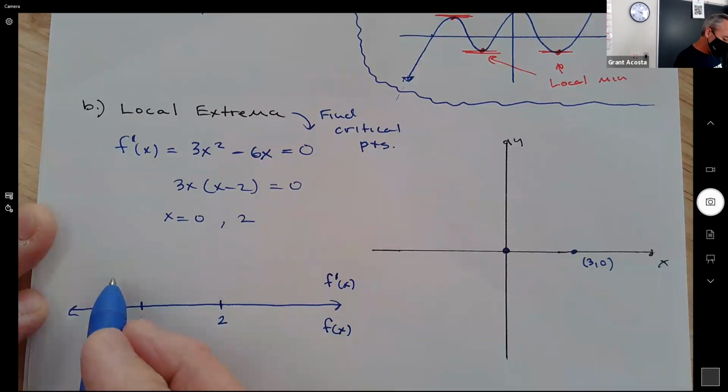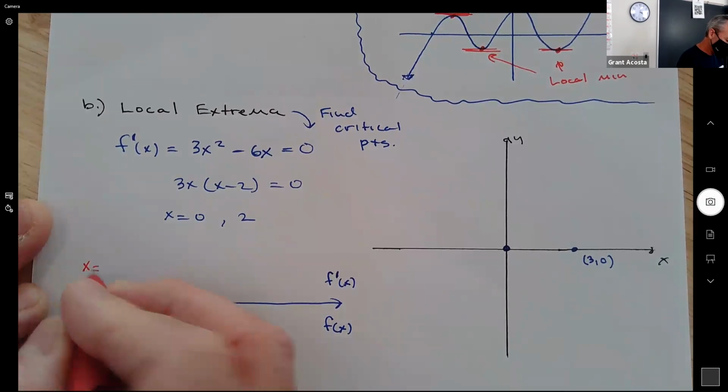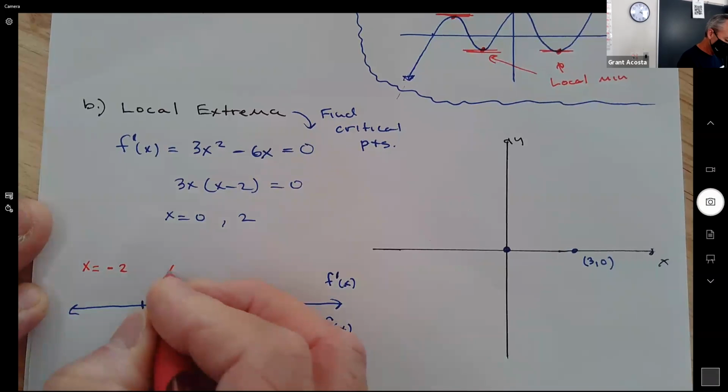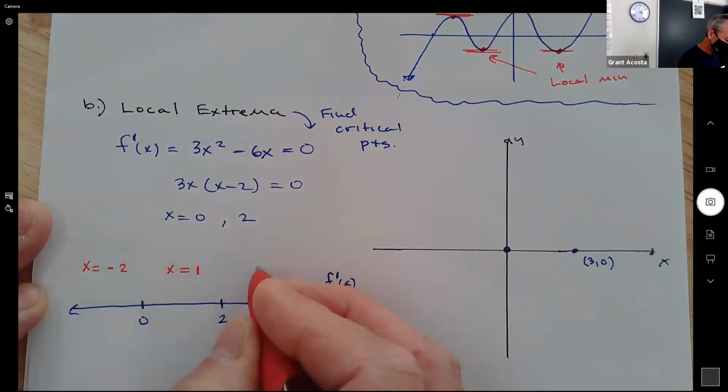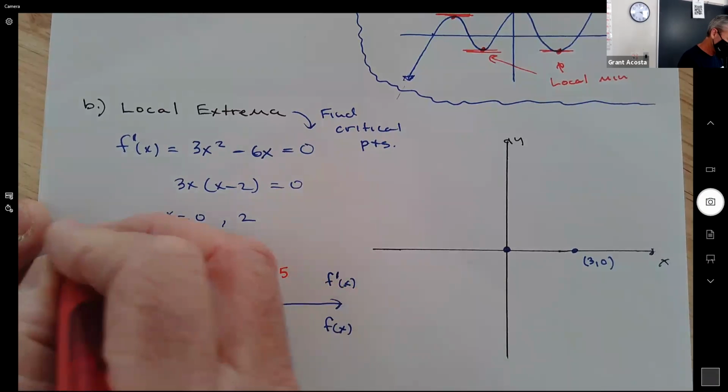So we're going to pick test numbers, like you might have done with domain problems earlier in the quarter. I need a number less than 0, maybe something like -2, something between 0 and 2, like 1, something bigger than 2, maybe 5. So these are just test numbers.